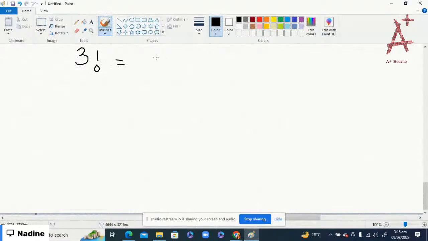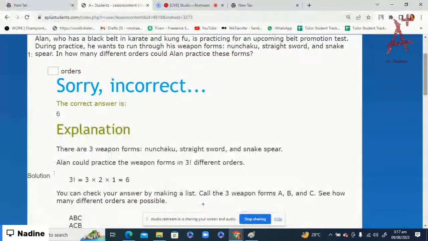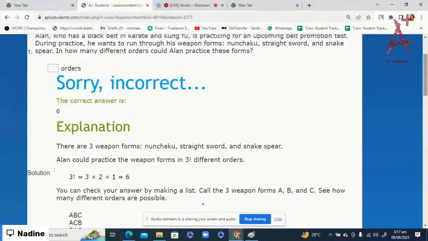The answer is 3, 2, and 1. Put the multiply sign. So 3 times 2 is 6, 6 times 1 is 6. So basically, there are 6 different orders in which Alan could practice these forms.